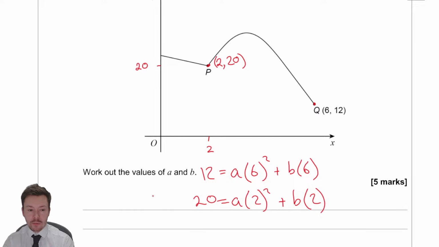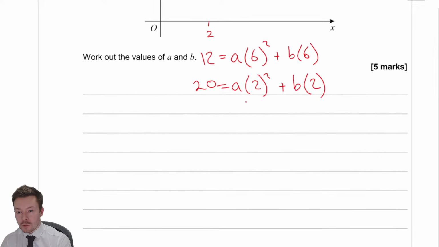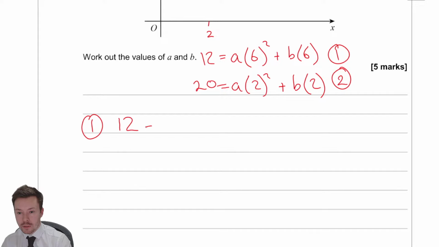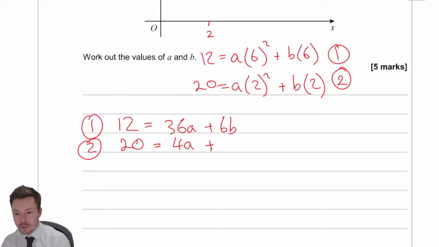Now let's simplify both of these. I'll scroll down now. So let's call them equations 1 and 2. Equation 1, we're going to get 12 is equal to 36a plus 6b, and then equation 2, we're going to get 20 is equal to 4a plus 2b.